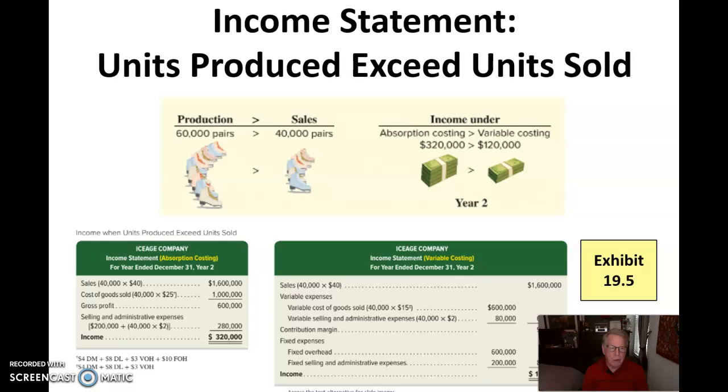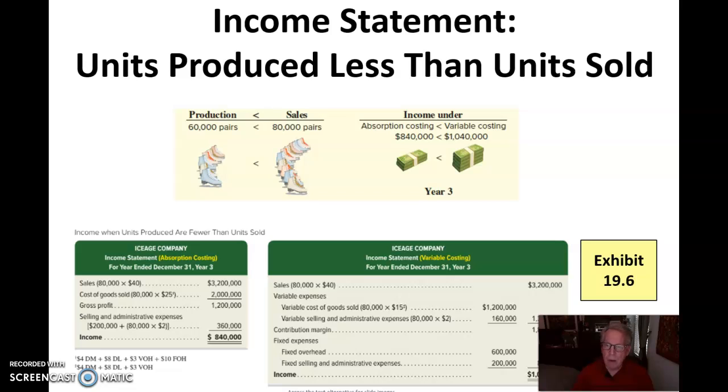That 20,000 units is in ending inventory. It's not been sold yet. So as a consequence, that $10 of fixed costs per unit times those 20,000 units gives me 200,000 that has not yet been expensed in full absorption costing here. And that's why we have a difference. We'll go into that a little more at the end of this chapter, but I wanted you to have at least a feeling for that as we go forward.